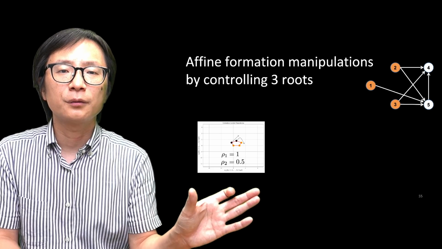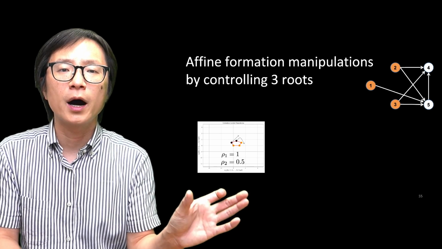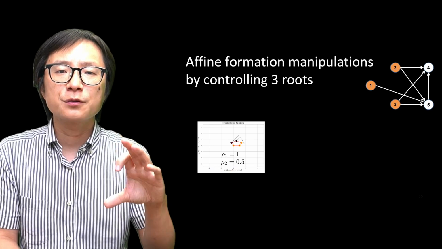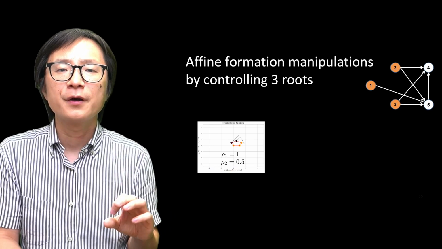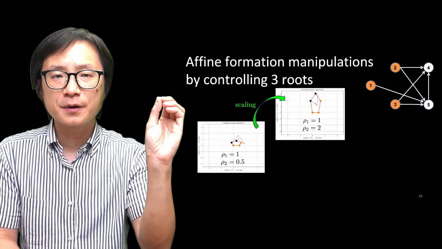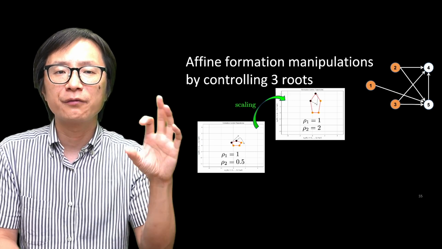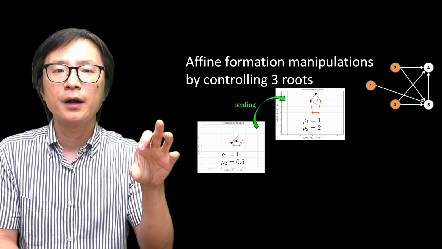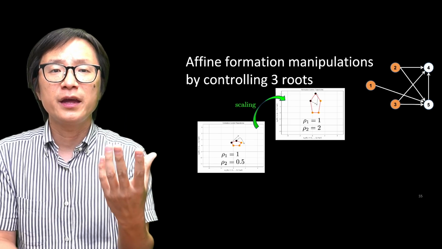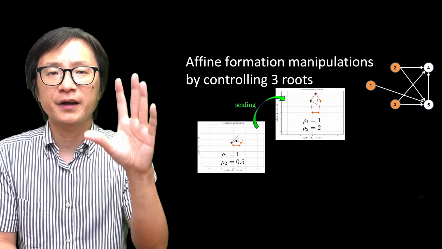Let's say the initial scaling ratios are rho 1 equal to 1, that's the horizontal ratio, and rho 2, the vertical ratio, is 0.5. We can move the third root up so that we can increase the vertical ratio to 2, and thereby we stretch the entire formation vertically.